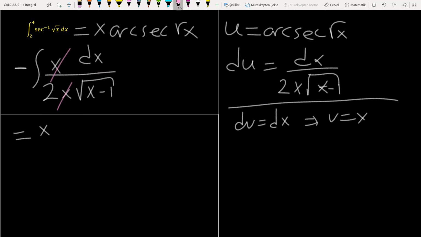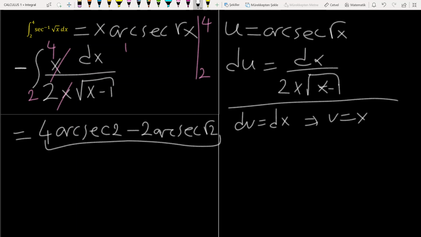Of course, do not forget to write the boundaries of integration. Let me first solve this integral using the substitution rule. We actually have minus square root of x minus 1. It's very easy to get the result using the substitution rule from 2 to 4.